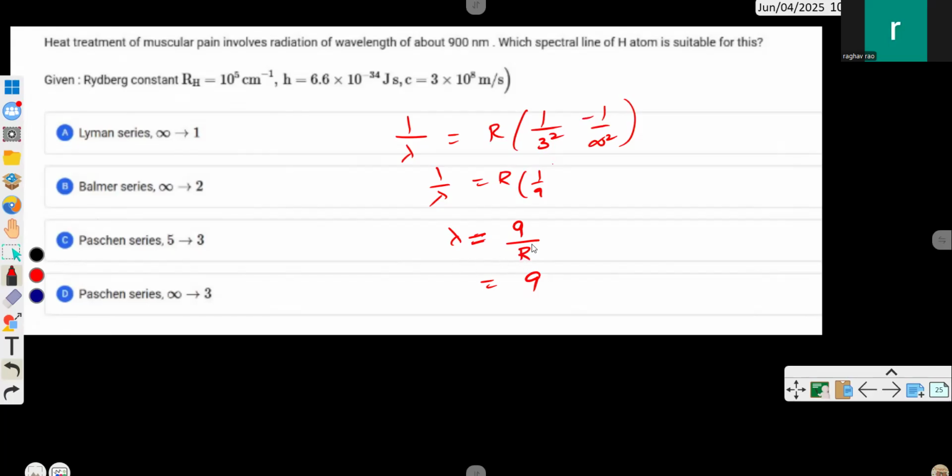Let us check for this one also. Paschen series 5 to 3. 1 by lambda equals R into 1 by 9 minus 1 by 25.